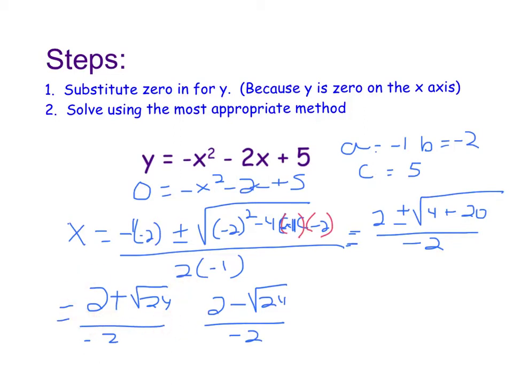I don't care which, but if you put it in 2 plus the square root of 24 divided by negative 2, it's going to do this division first. So do 2 plus the square root of 24, enter, divided by negative 2, and that gets you negative 3.45. And then do 2 minus the square root of 24, enter, divided by negative 2, and that gets you 1.45.